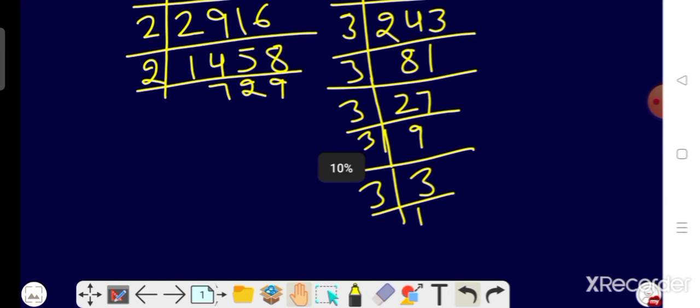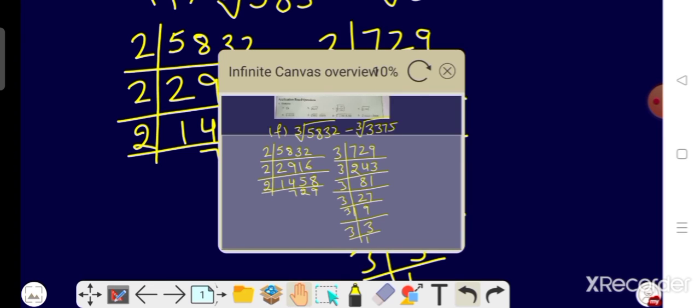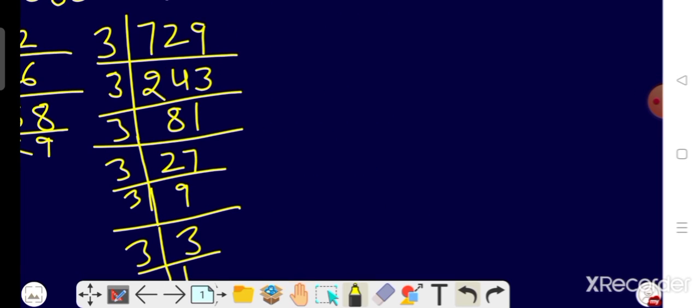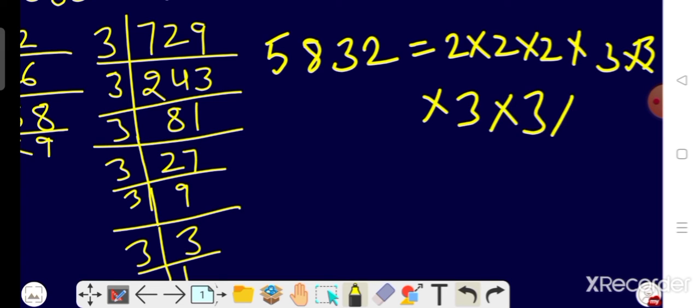So basically this is the prime factorization of 5832. We can write 5832 as 2 multiplied by 2 multiplied by 2 multiplied by 3 multiplied by 3 multiplied by 3 multiplied by 3 multiplied by 3 multiplied by 3.